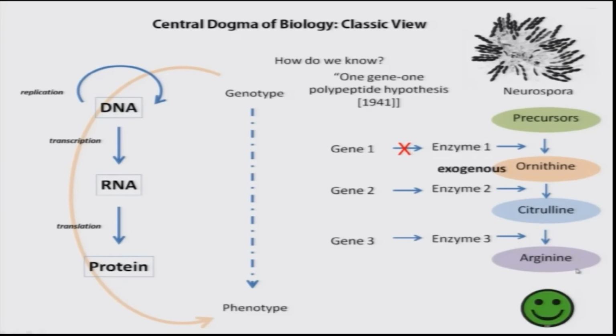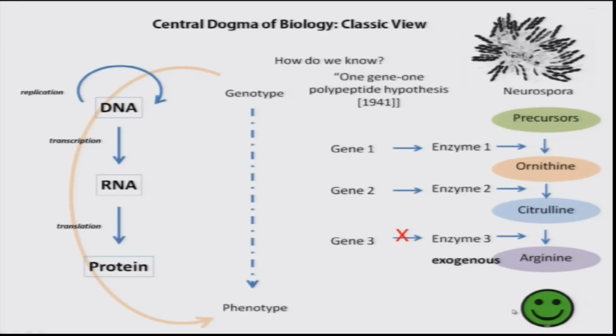Likewise, you could have a defect elsewhere. However, what they were able to show is that if you give this particular compound to the medium exogenously, the organism can overcome the deficiency of this enzyme, because the rest of the enzymes are still functioning and can convert that into arginine. Likewise, they were able to show that there are distinct genes, and mutations or changes there affect how the enzymes metabolize each compound, and therefore they get the amino acid which helps the fungi to grow.